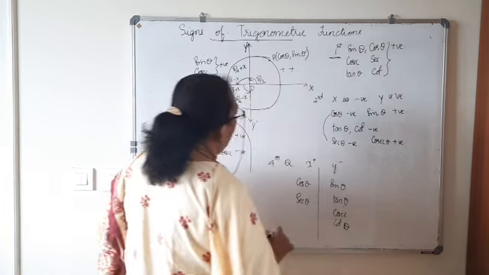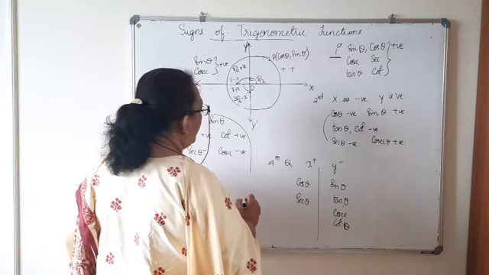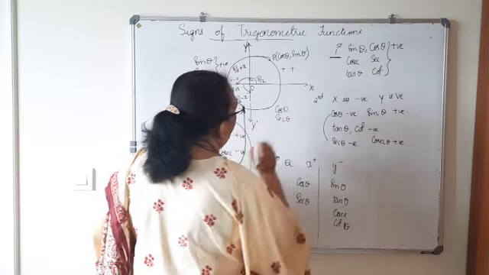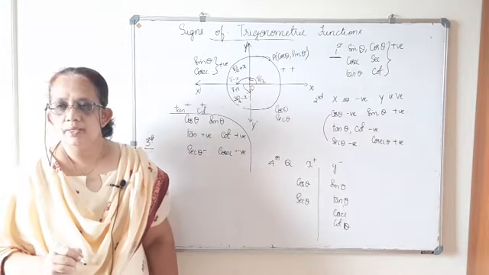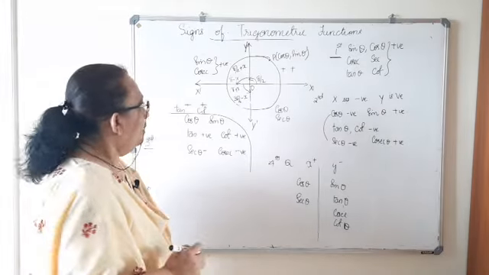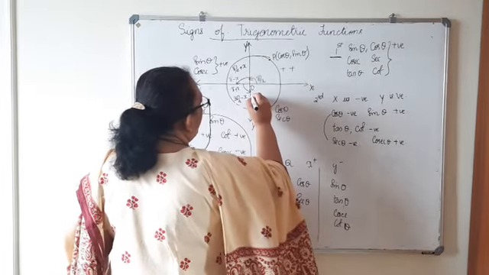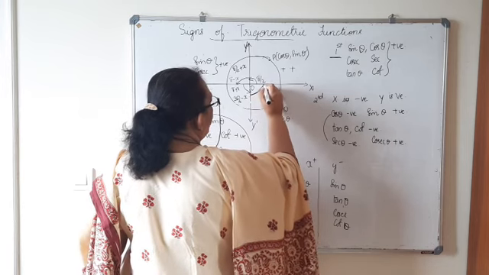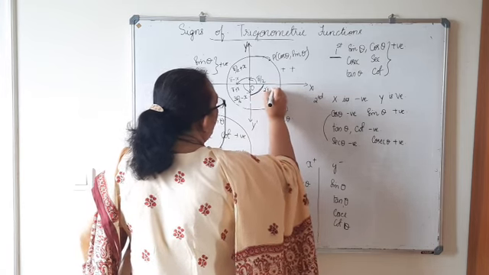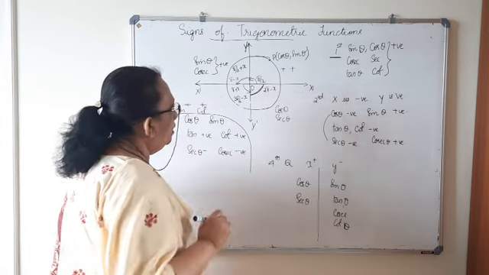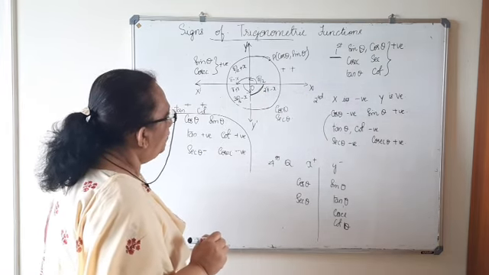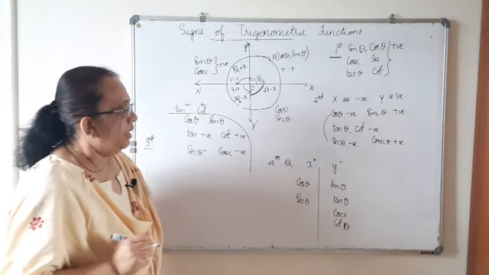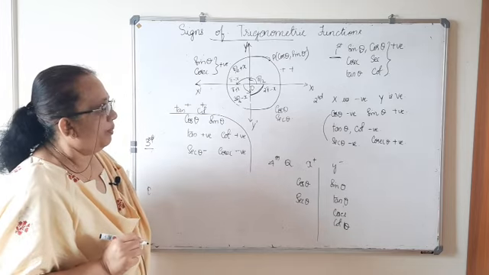So in the fourth quadrant, cos theta and sec theta both are positive. The rest 4 trigonometric ratios are negative. And here the total angle comes up to 360 degrees, or this will be 2 pi minus x. So these are the signs of the trigonometric functions.